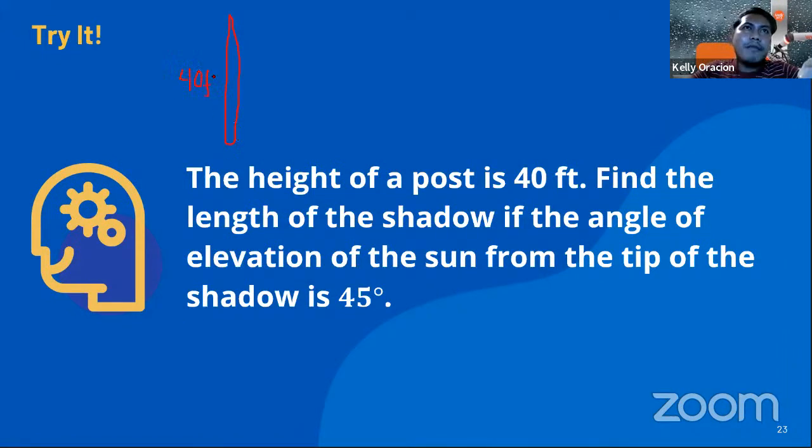Ito yung height ng poste, 40 feet. Find the length of the shadow, ito yung missing natin. If the angle of elevation of the sun from the tip of the shadow is 45 degrees, this one. So we will use tan.